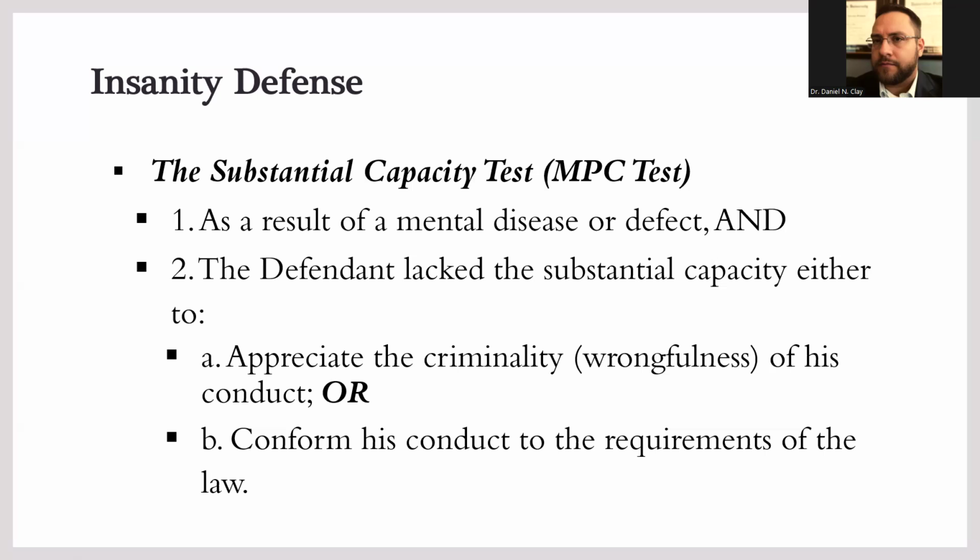For instance, if you have a hypothetical where a person seems like they're acting insane, you have to say, okay, first, does this person have a mental disease or defect? Second, do they have the substantial capacity to appreciate their criminality or to conform their actions to the requirements of the law? So if you read this, somebody has to be really, really, really mentally impaired.